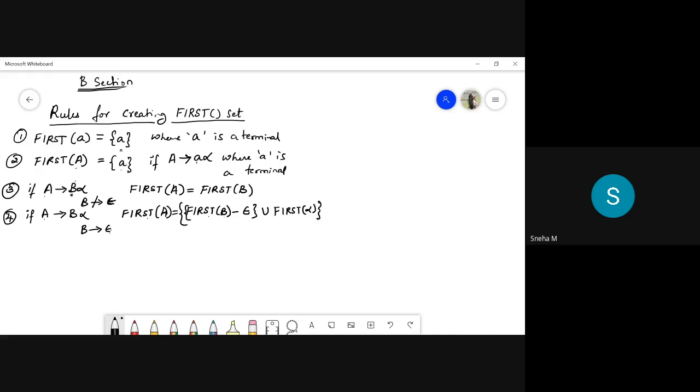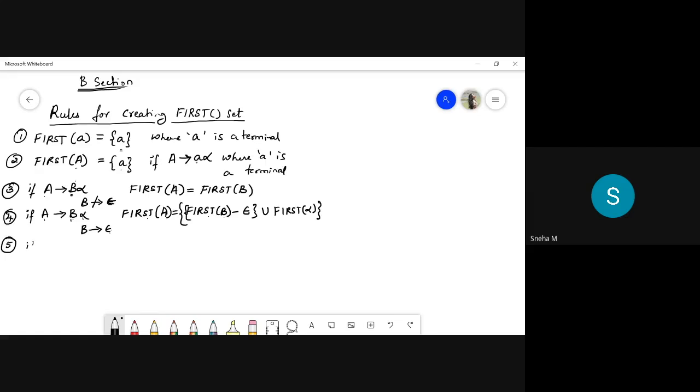Why is this? Because if I substitute epsilon here, from A I can also see those strings whose terminals can be reached from the beginning of alpha. So that's why first of alpha will also be in the first set of A when B is deriving epsilon. This will get clearer when we solve a problem.